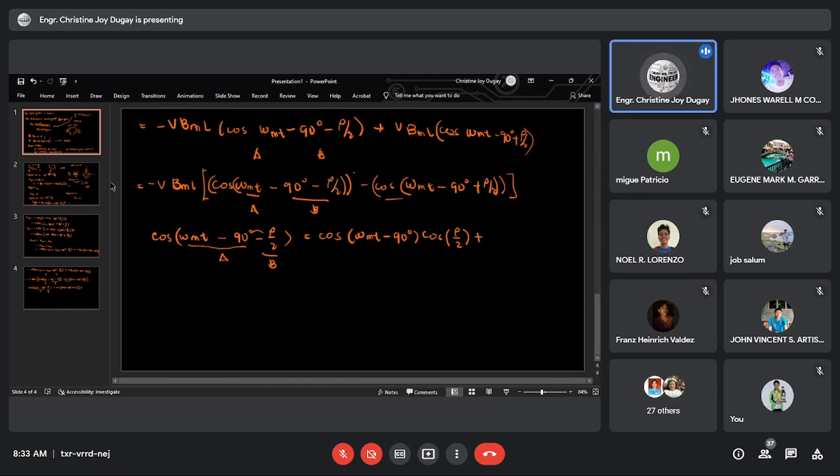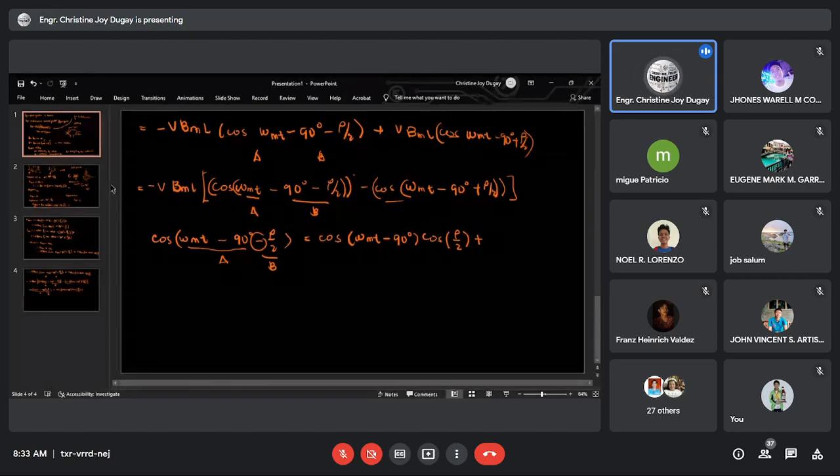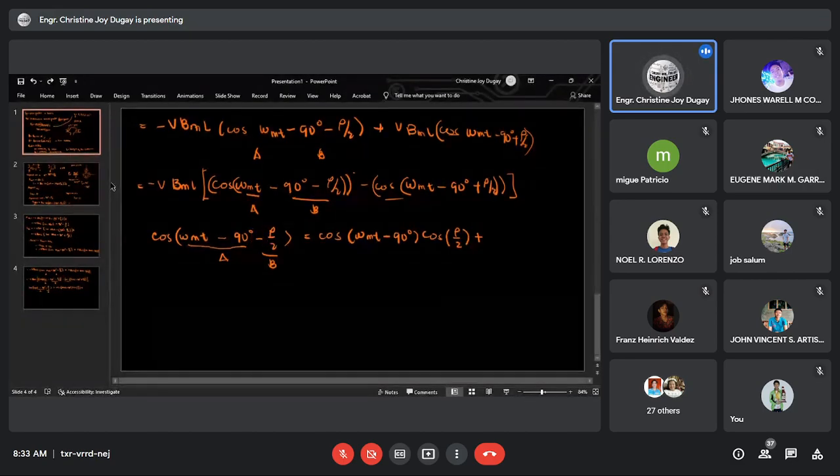So, ang quantity natin dito hanggang dyan, at saka rho over 2. Ganyan ang quantity natin. And then this one is sine A natin. Sine omega mt less 90 degrees. And then sine rho over 2. Tama po ba yung equation ko? Pakicheck nga po.